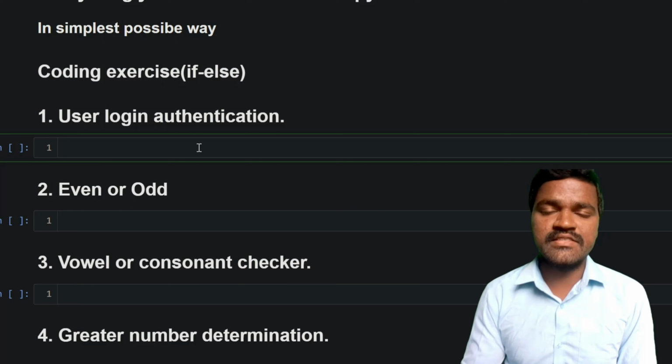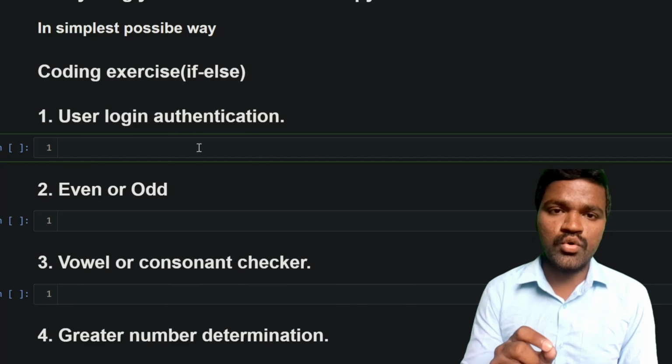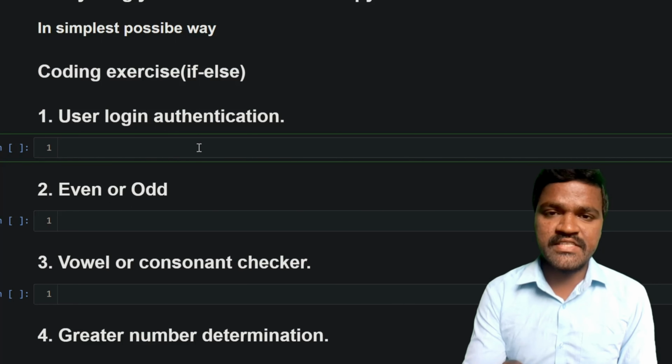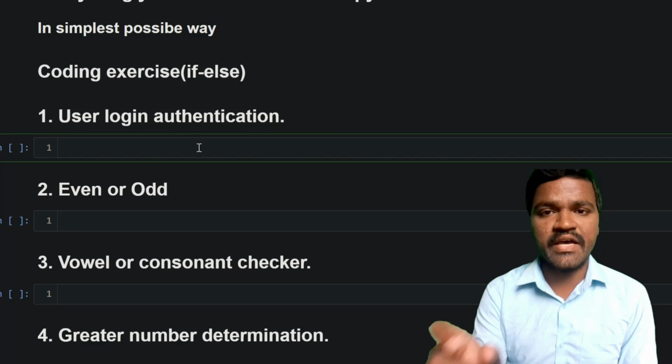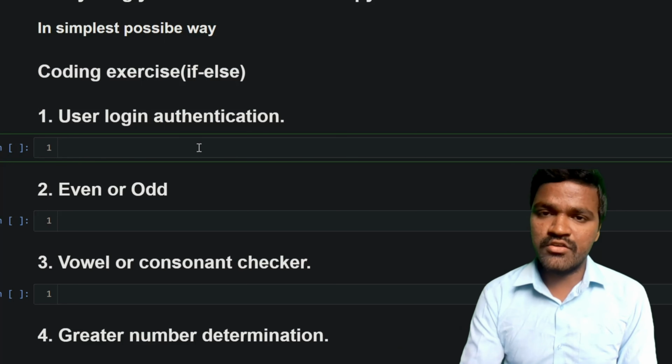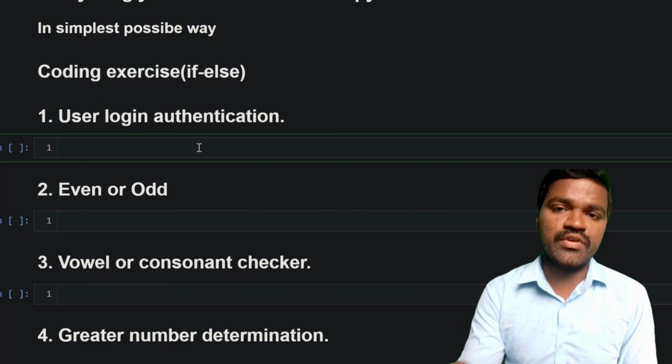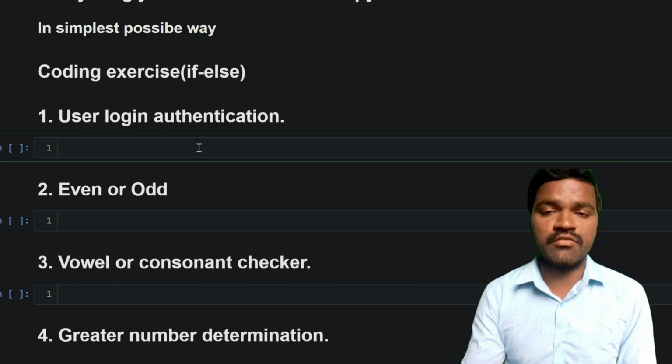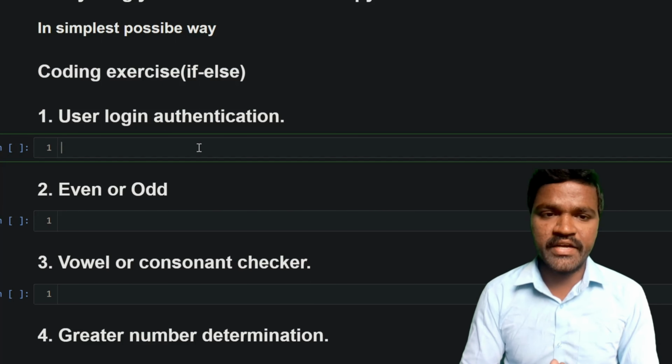Internally there is a database available, so the program will check the username that you have entered against the actual database values. If that matches, you enter the website, or otherwise you won't. Here we will not make this so complicated. We will make it as simple as possible.